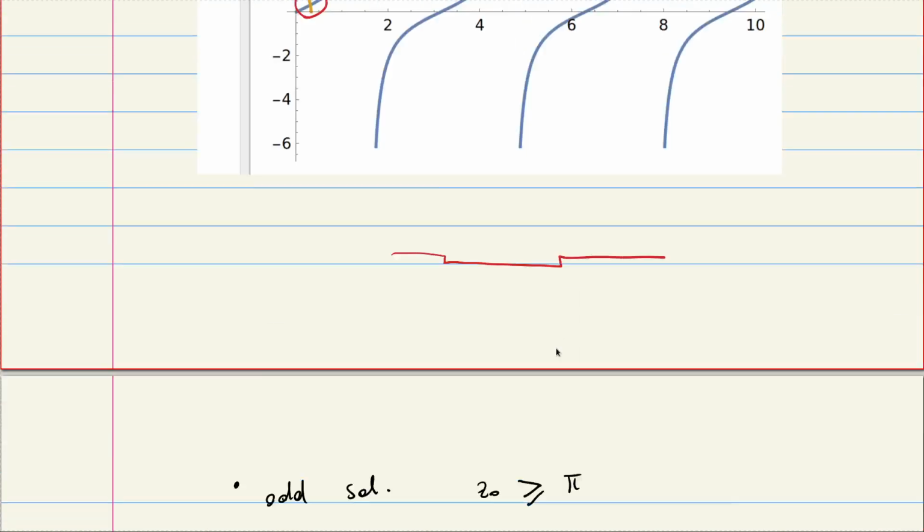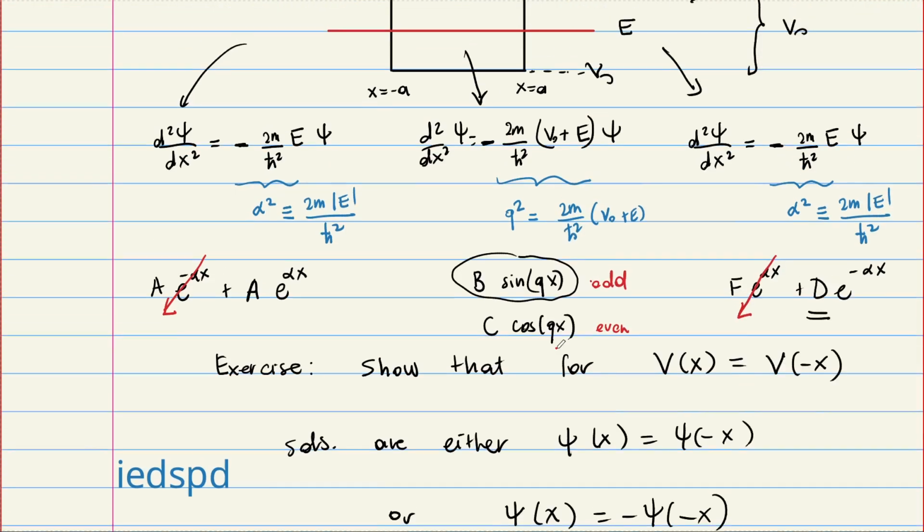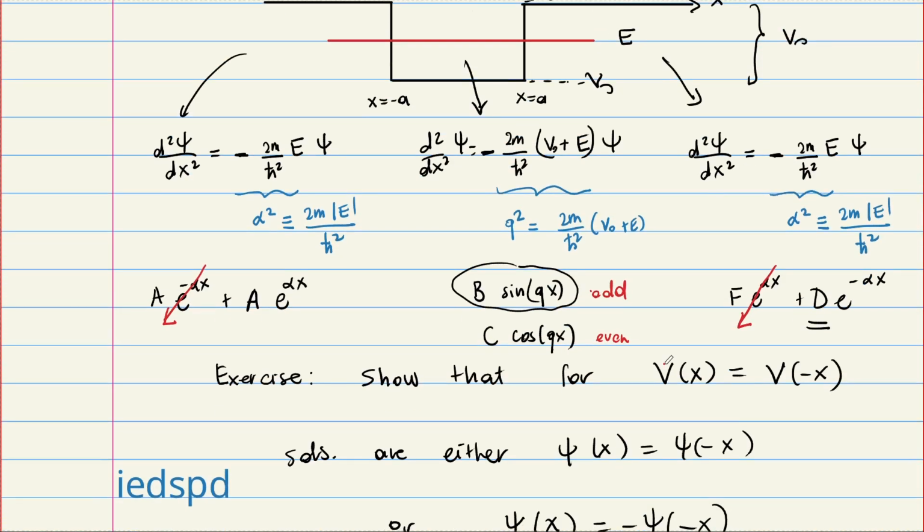Before, there was a complicated set of equations, and what we said is we can separate solutions into two classes, even and odd. Whatever happens on the left side also happens on the right side.